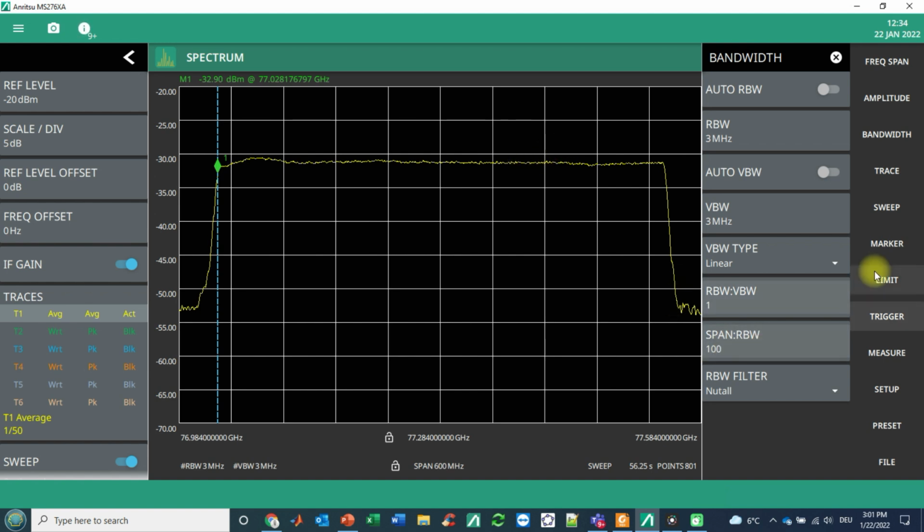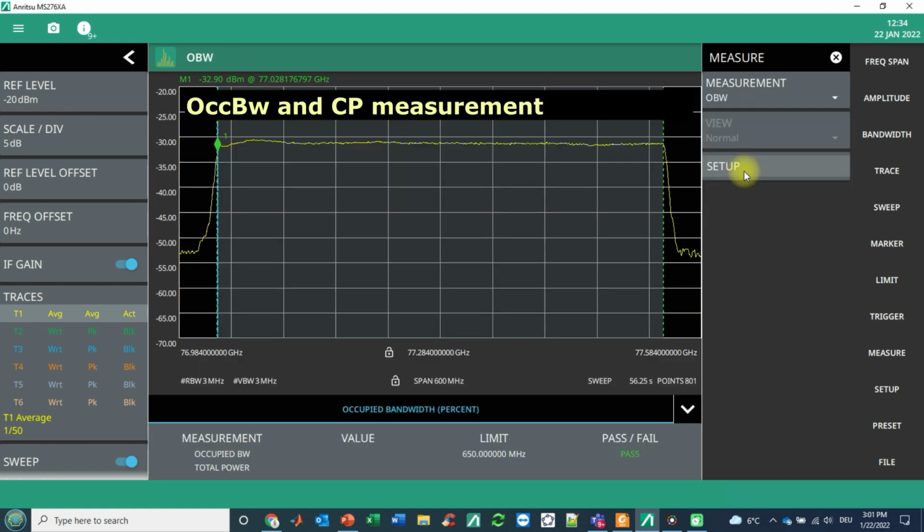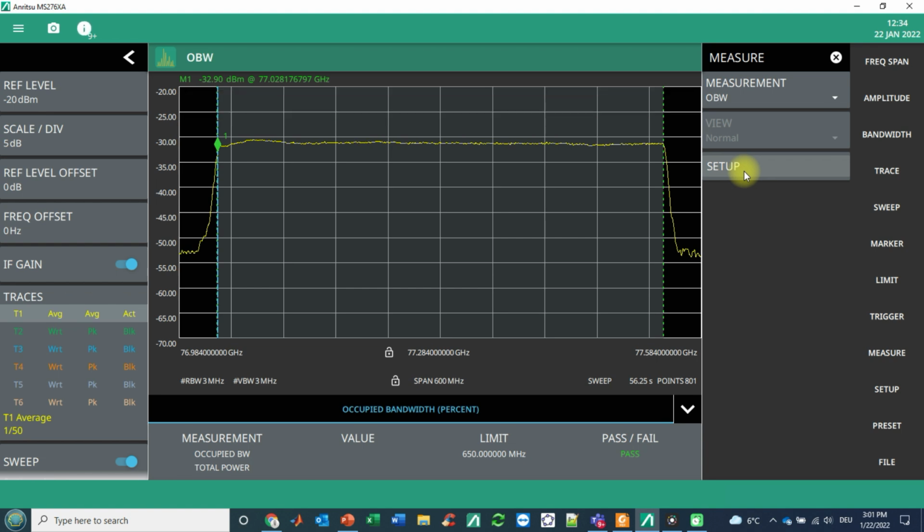And now let's go into the measurement mode, and we would like to get a feeling about the occupied bandwidth and the channel power. Let's wait until a complete sweep has been done, and then the green dotted lines are getting updated and the fields below are filled up here with measurement results.